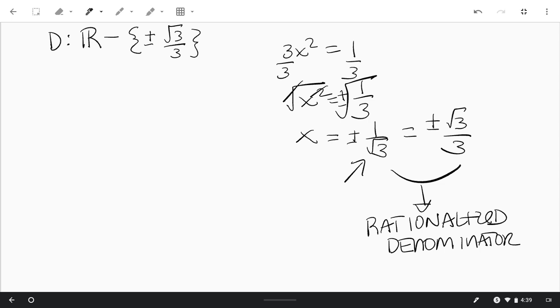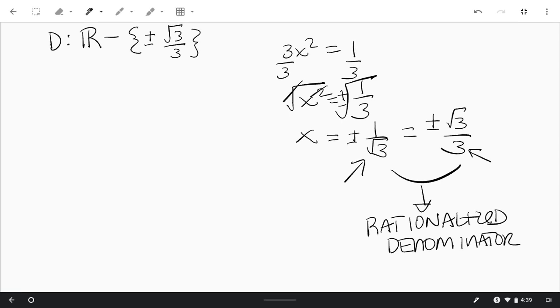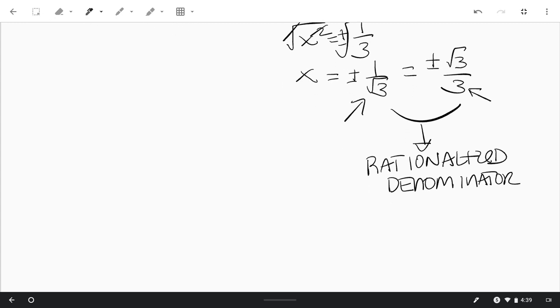So what I do is I do something to this number so that my denominator becomes a rational number. That's why we call it rationalizing the denominator. We take an irrational denominator and we make it rational. Don't you wish we could do that with people? Okay, so let me show you just a quick lesson on rationalizing.